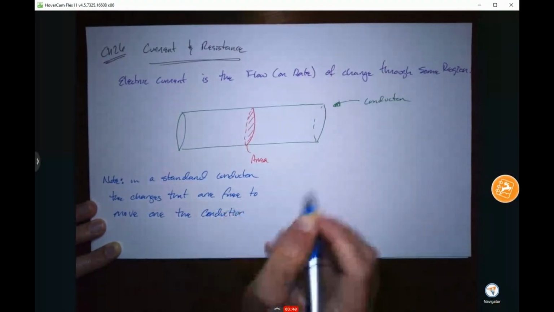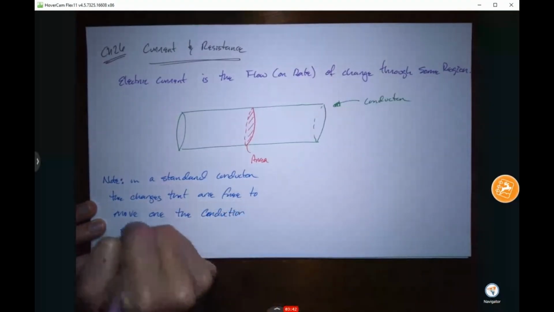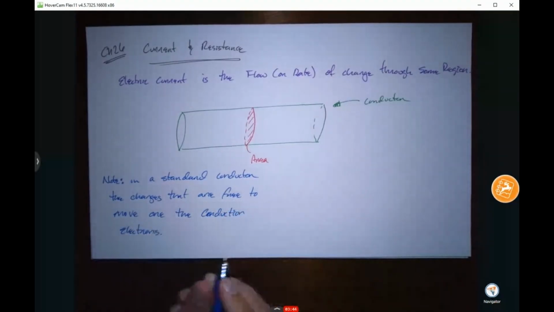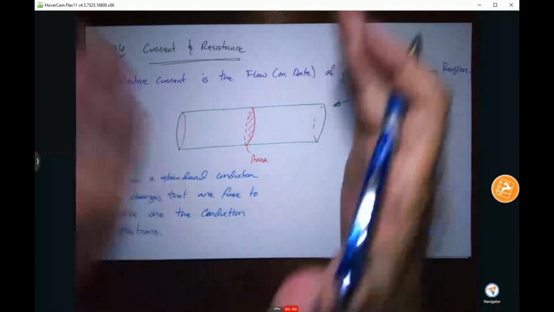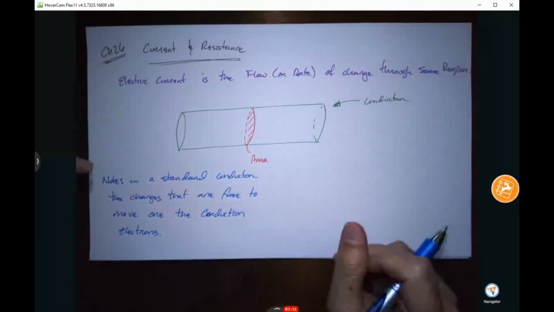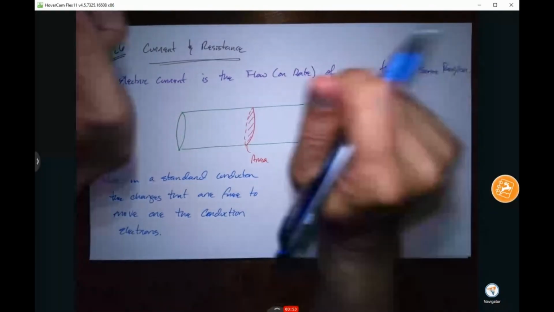And they usually refer to those as the conduction electrons. Okay. And the way I always picture it is I usually picture my little springy box, which is at campus, and so I don't have it.